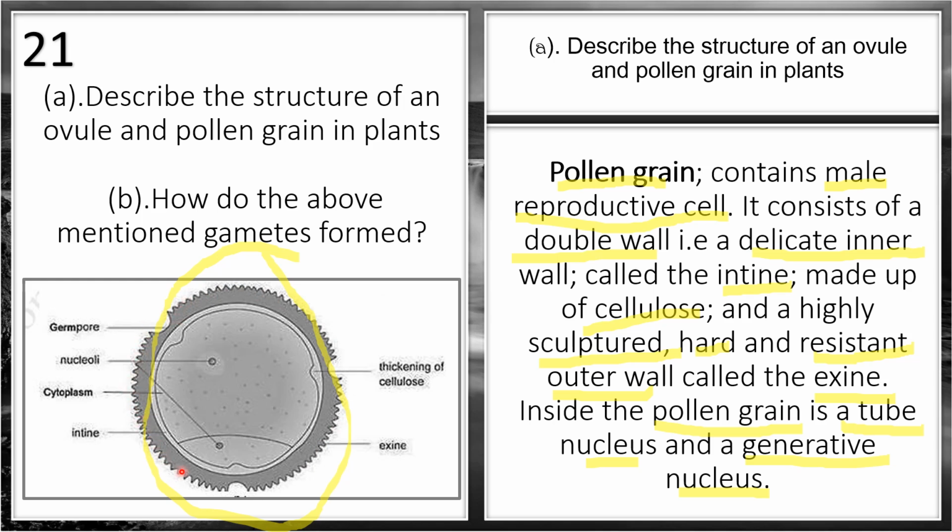This outer wall is the one that we call the exine. And inside the pollen grain, there are two nuclei: the tube nucleus and the generative nucleus.